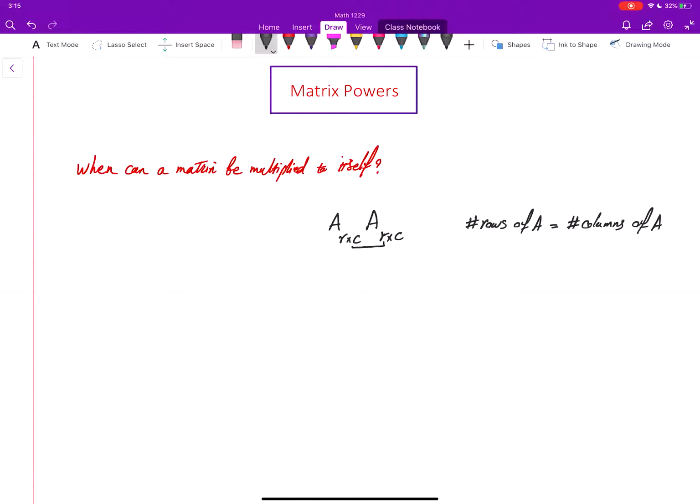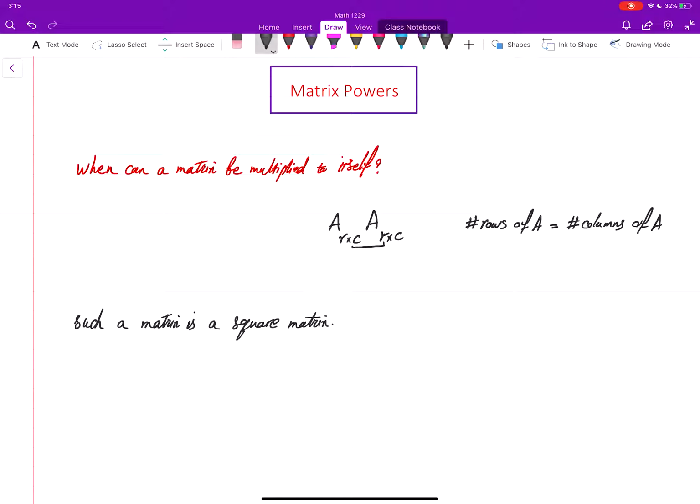So in defining matrix powers, the first very natural condition is that the matrix needs to be square.